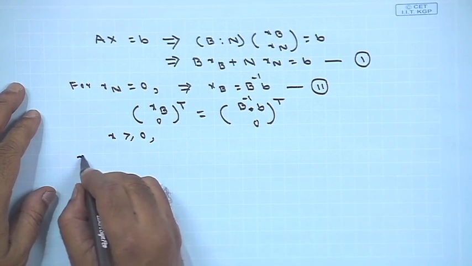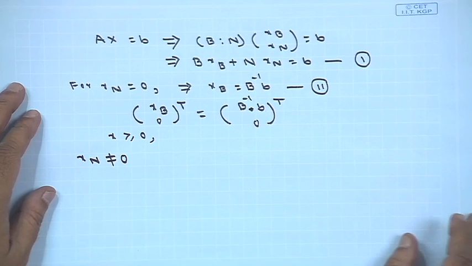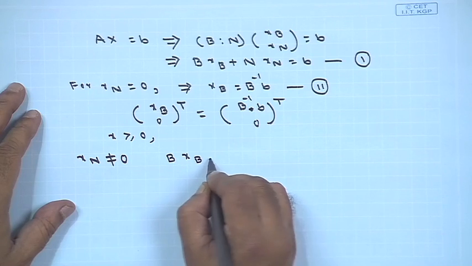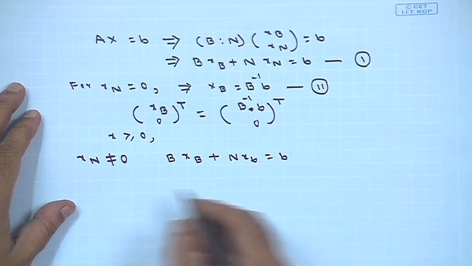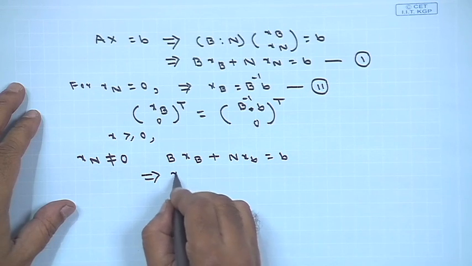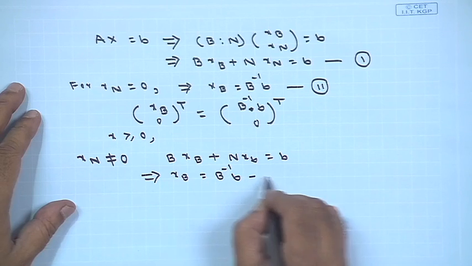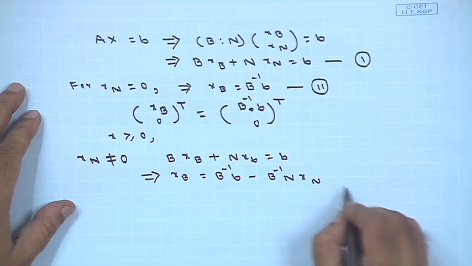Now, whenever xN is not equal to 0, in that case you have B xB plus N xN equals B. After manipulation you can write xB equals B inverse B minus B inverse N into xN.